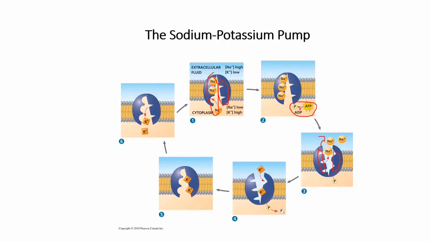Here, the potassium is going to attach, and it is going to create another conformational change. So now you have high affinity for sodium and low affinity for potassium. So they are going to release the potassium, and the sodium is going to attach in these spots again.